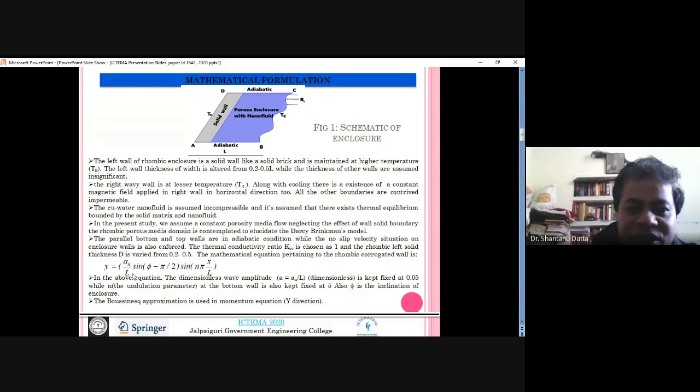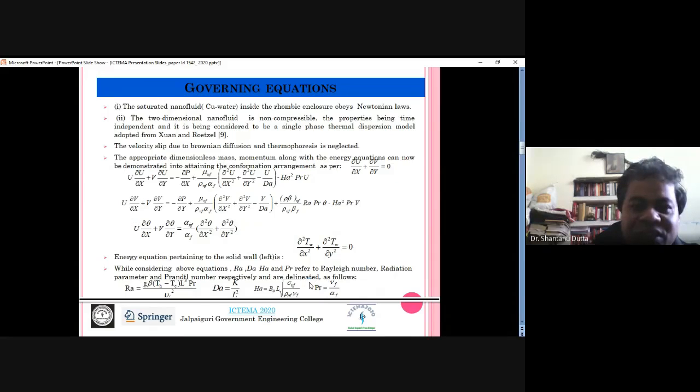Here a/L is the dimensionless wave amplitude, where L is the length. It is fixed at 0.05, and the undulation parameter has been kept as 5. The Boussinesq approximation is used in the momentum equations, and these are the governing equations.